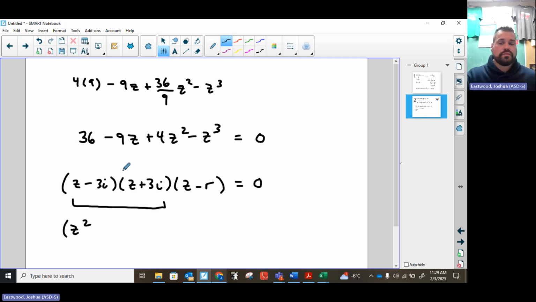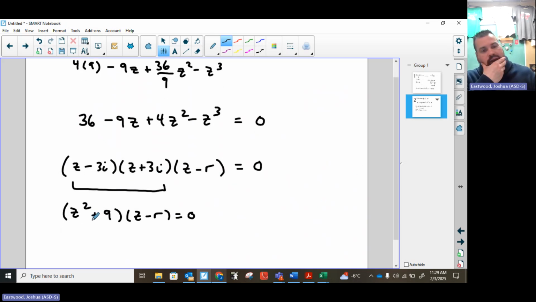These are a conjugate pair, so we know that they're just going to come out to minus 3i times 3i, which is 9i squared, so it's going to become plus 9, and then times z minus r, and that has to equal 0. So if I multiply it out, then I get z cubed minus r times z squared plus 9z minus r times 9, or 9r, has to equal 0.